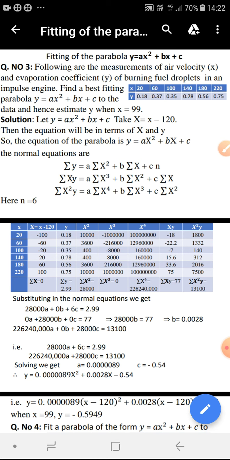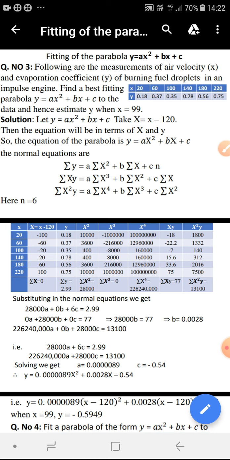Or else, if we make an observation in the table, x values are bigger integers. Since x values are bigger values, we can reduce the size of the x values to smaller values by changing the scale. Among these x values, 120 is almost the central value.